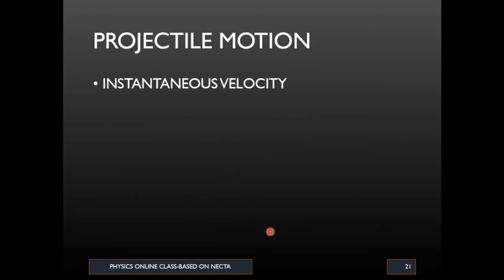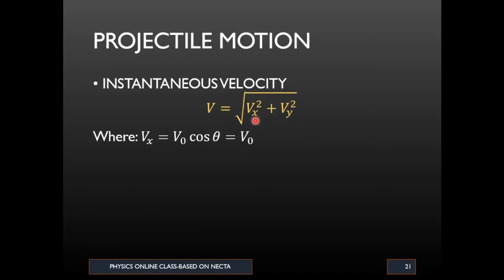Instantaneous velocity. This is the velocity at any point in the trajectory. It is given by v is equal to square root of vx square plus vy square. We get vx by taking v naught times cos of theta. The angle is 0, therefore cos of 0 is equal to 1, and 1 times v naught gives v naught. Therefore, vx will always be equal to v naught.